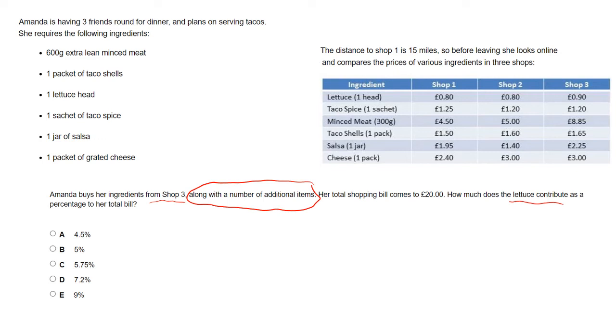So the answer is just that it's 90p out of £20, which is 2,000 pence, times 100, okay, which is 4.5%. Okay, 0.045, which is 4.5%, and that gives you your answer, which is A.